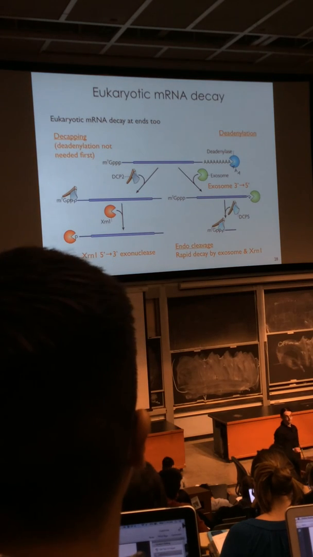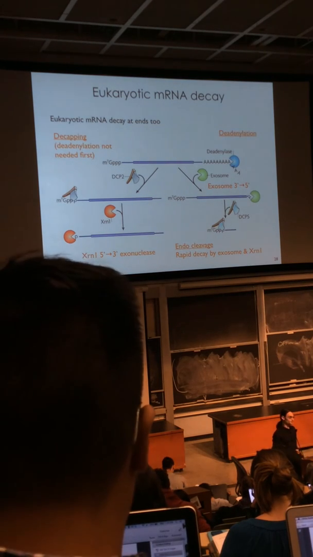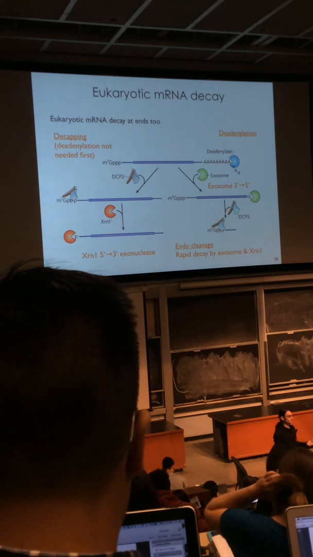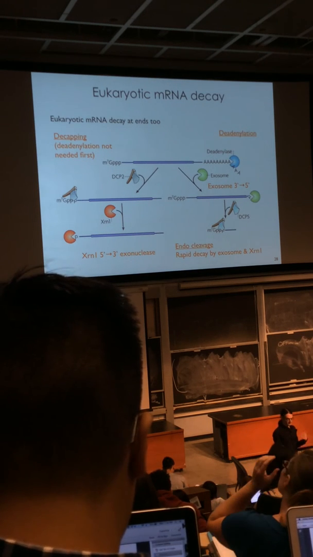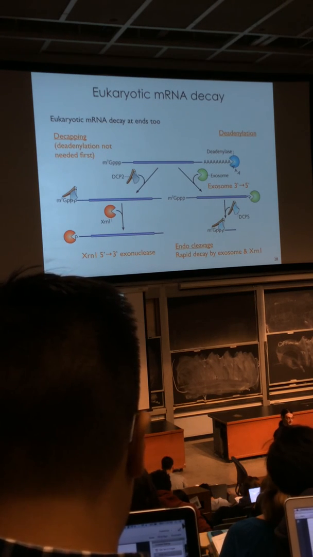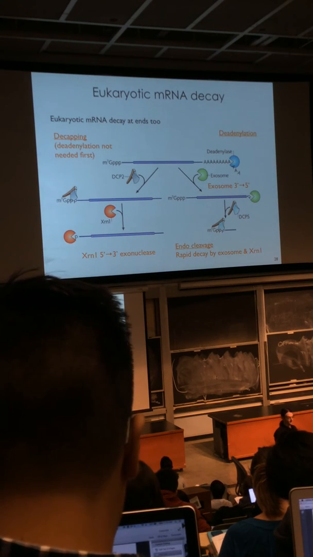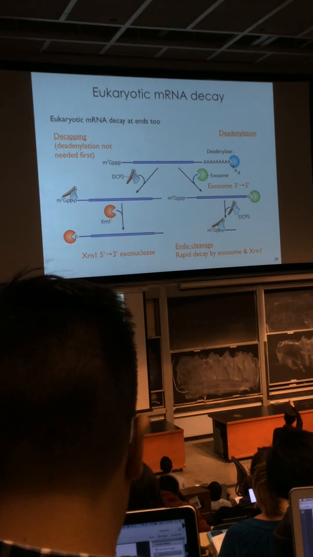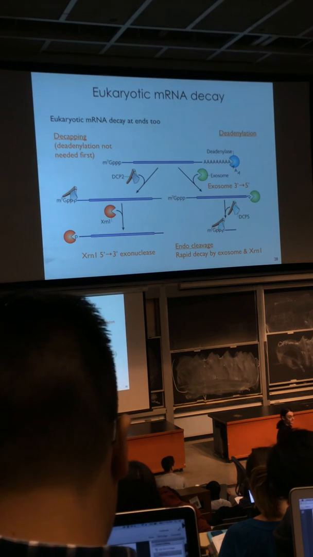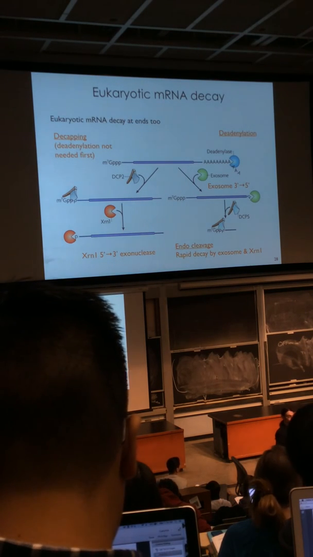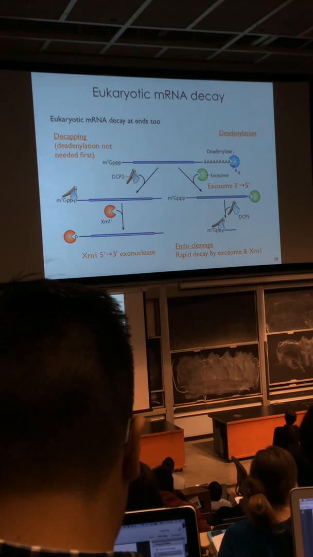So there are 2 basic processes. First of all, there is the removal of the eukaryotic-specific modification from one end or the other, followed by an exonucleolytic degradation of the RNA. So one thing that can happen is deadenylation, that 3' poly-A tail is chewed off.